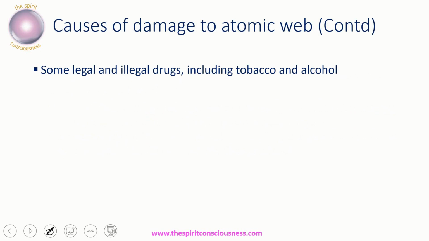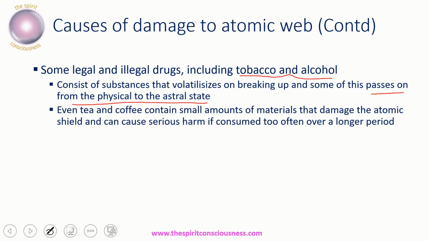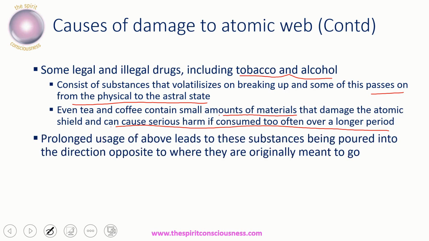Some legal and illegal drugs, including tobacco and alcohol, consist of substances that volatilize on breaking up, and some of this passes on from the physical to the astral state. Even tea and coffee contain small amounts of materials that damage the atomic shield and can cause serious harm if consumed too often over a longer period.